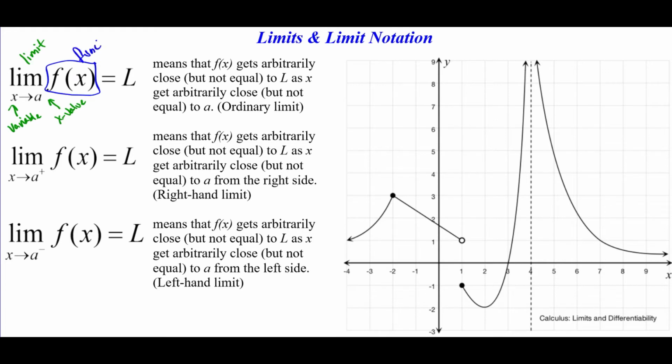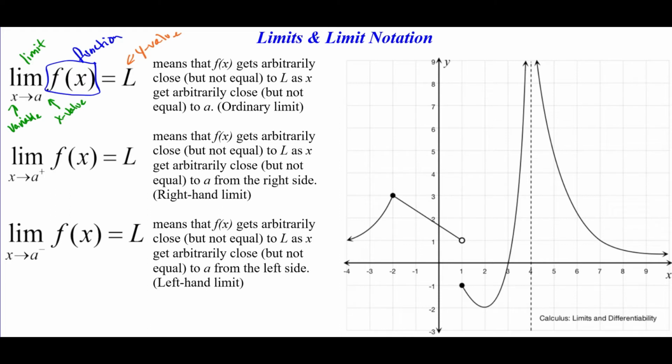Afterwards, you'll have your function, and the answer to a limit is always the y value that corresponds to the x value that we're investigating. The way you should read this notation is: the limit as x approaches a of the function f of x is equal to L.